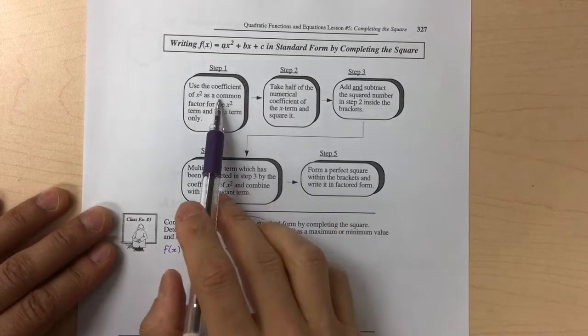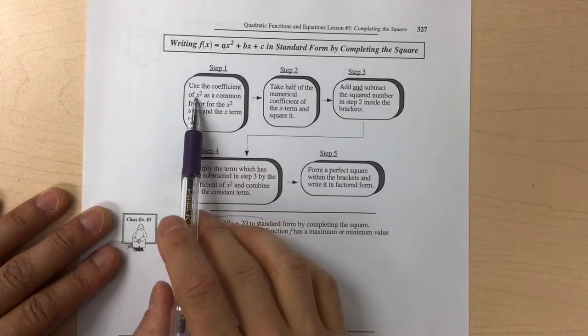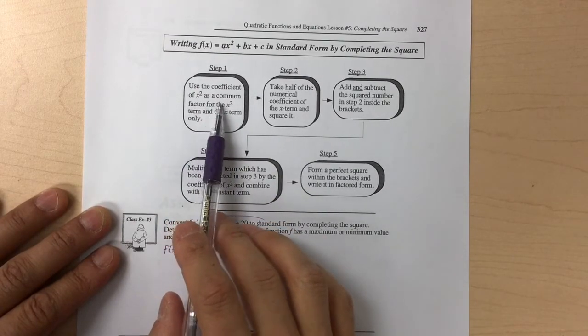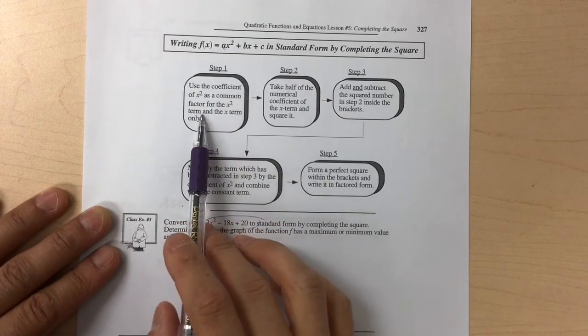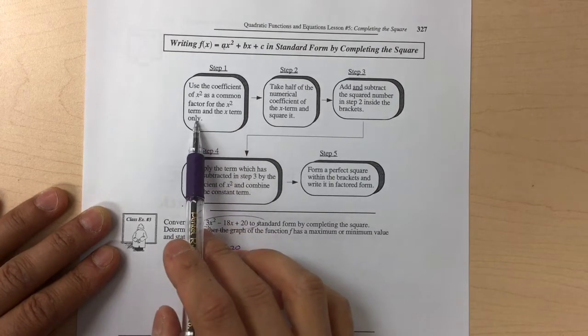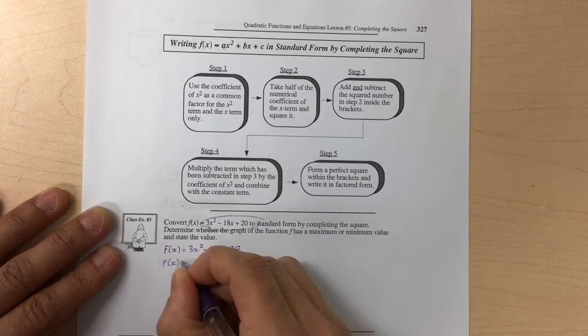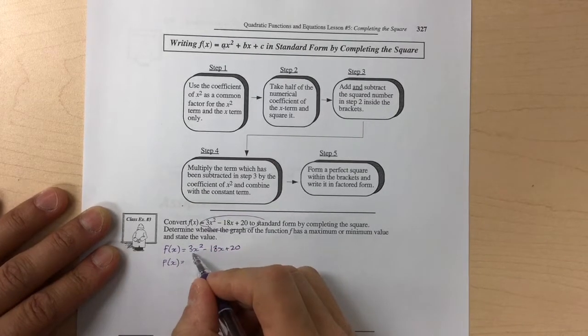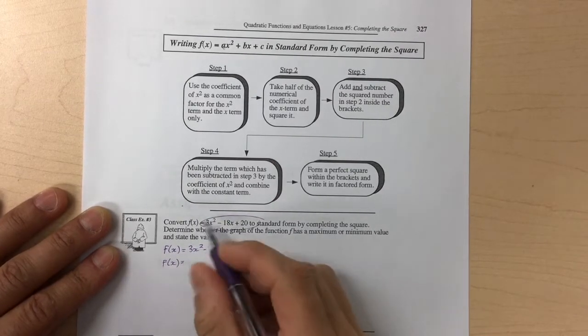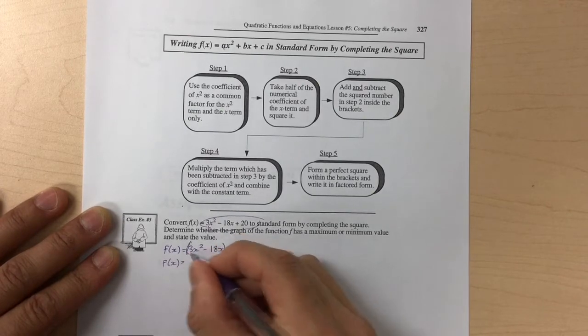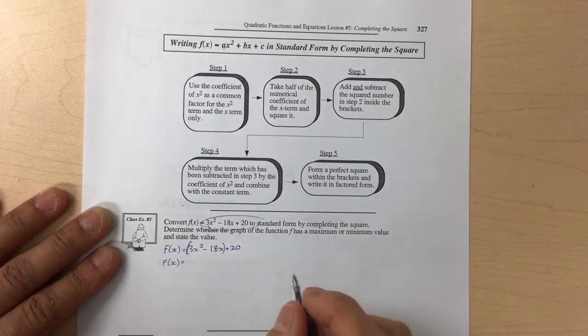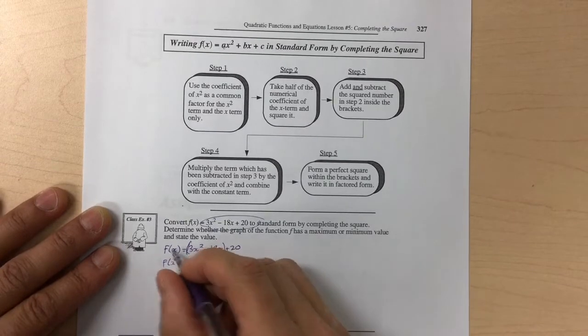Now step 1, I want to use the coefficient of x squared as a common factor for the x squared term and the x term only. So using that as a common factor, I'm going to factor 3 out of this part of my quadratic function.